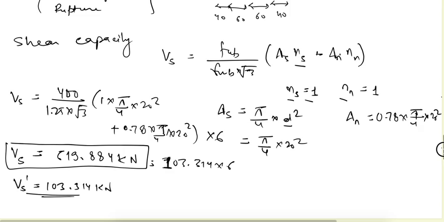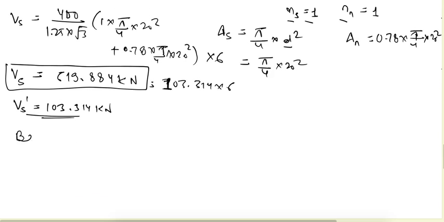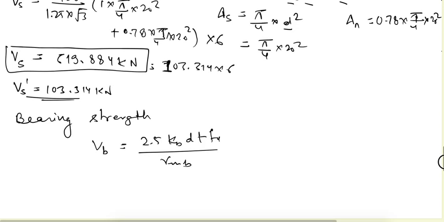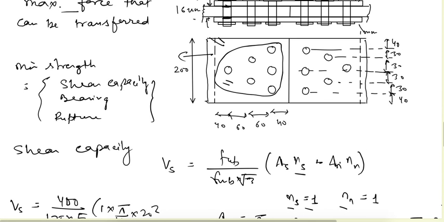Now let's move to the bearing capacity or bearing strength. The formula we have is Vb equal to 2.5 kb d t fu divided by gamma mb. Now we have to find out this kb, but because this is a staggered joint or a zigzag joint, the end distance is different for these different bolts.